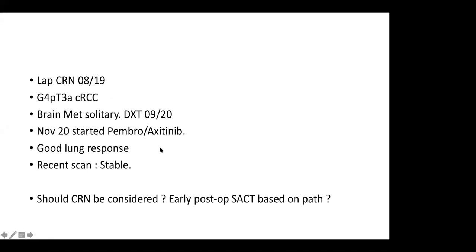So he started on pembrolizumab and axitinib, good response, and on the recent scan, it is stable. That is for the lungs, and radiotherapy was for the solitary brain met. So this is one of the cases where, again, one can survive SACT, decided initially because of his age.